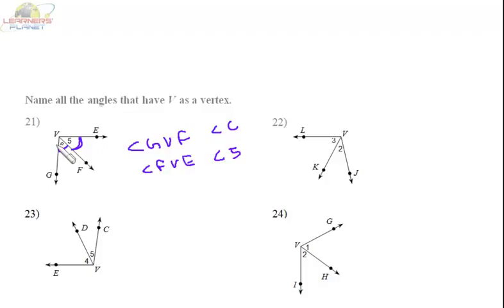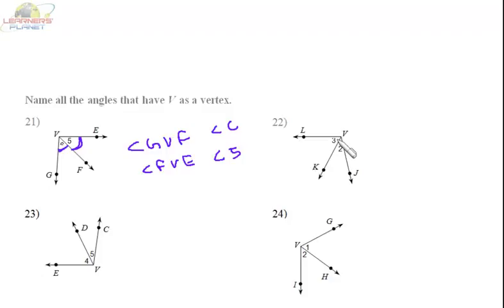Now this GVF can be written as FVG also, and this FVE can be written as EVF also, which we recently discussed, that every angle can be written in two or three forms. So it's clear to you?